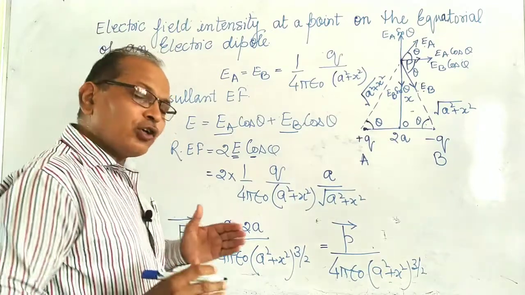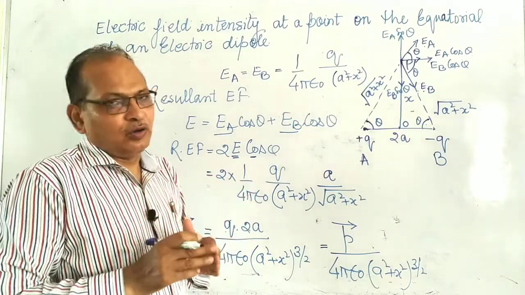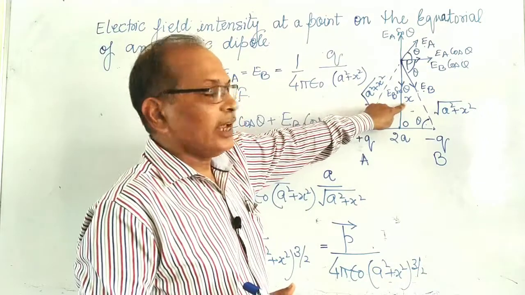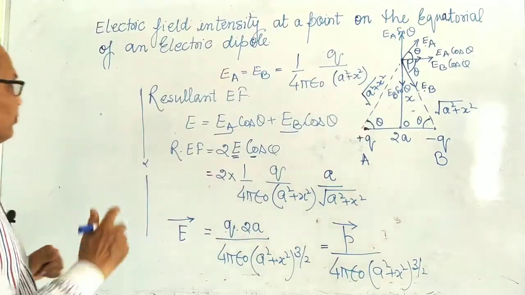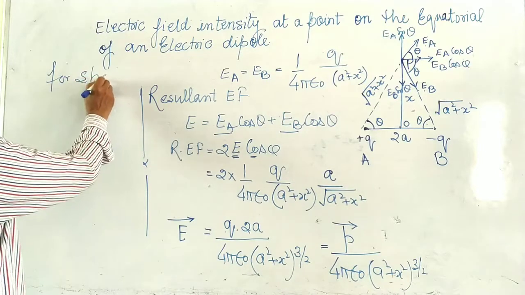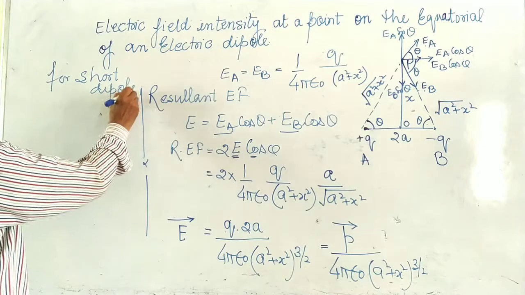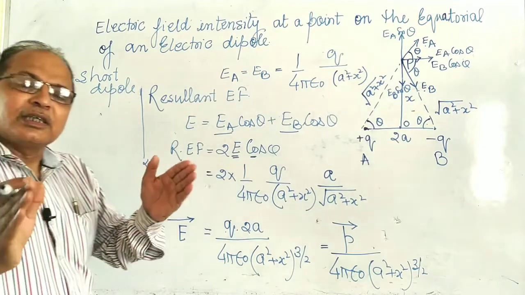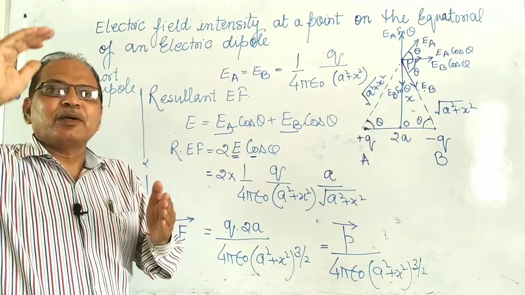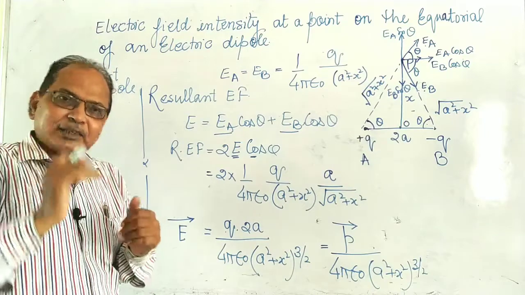Now, for the short dipole, if dipole length is very small in comparison to the distance x, for short dipole means the dipole distance is very less in comparison to the x, where you want to find out the net electric field.